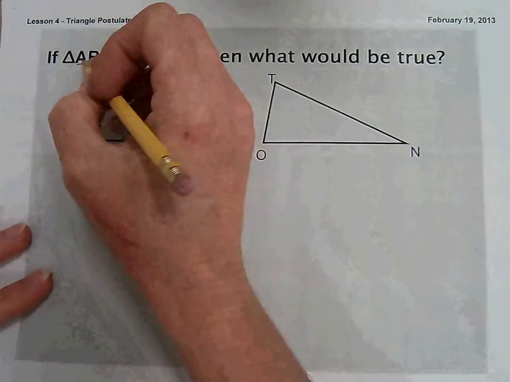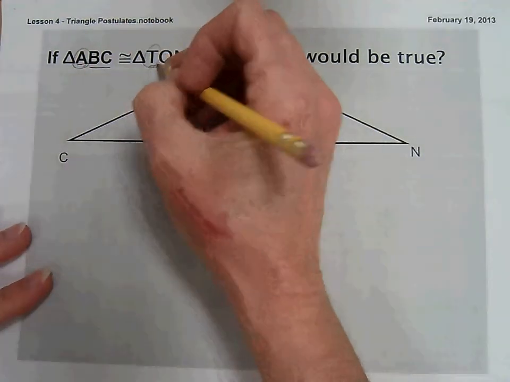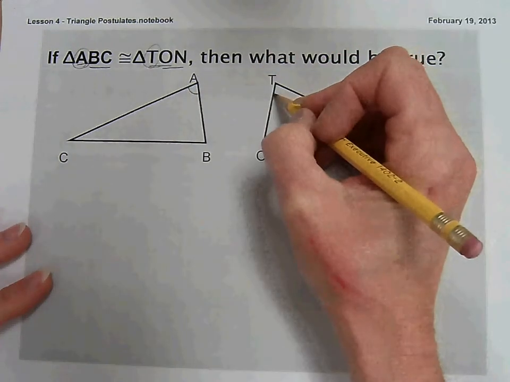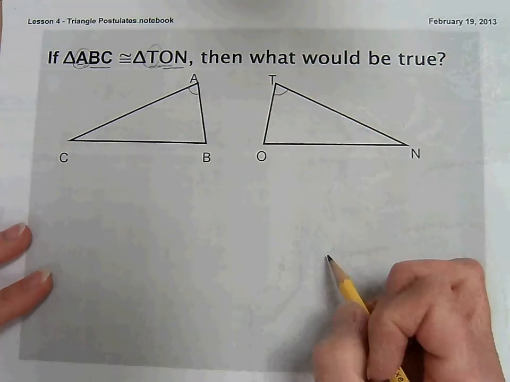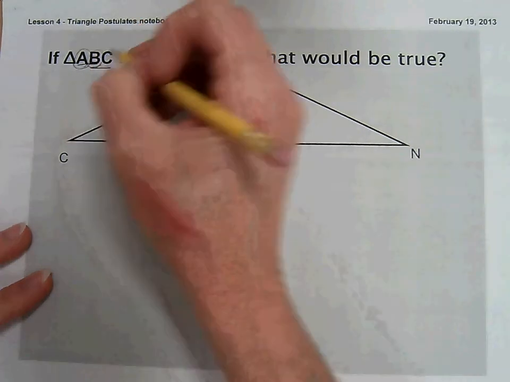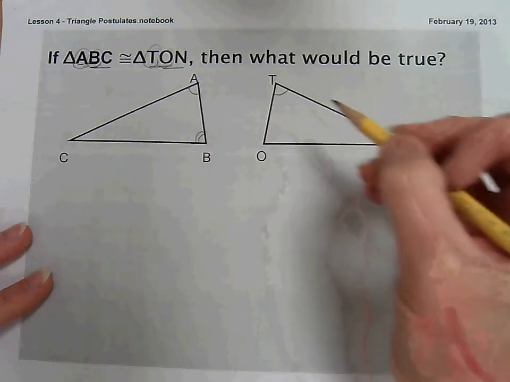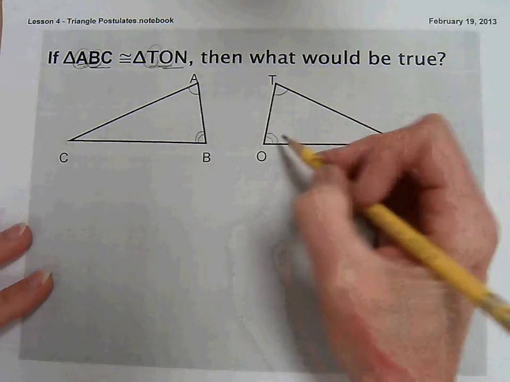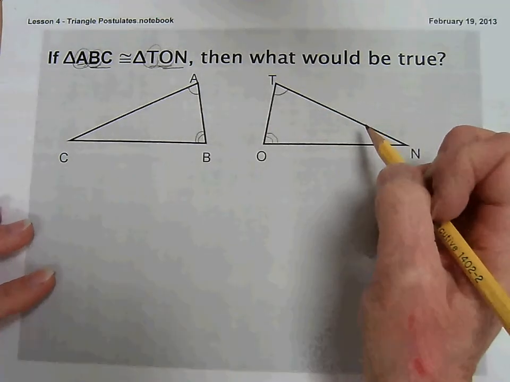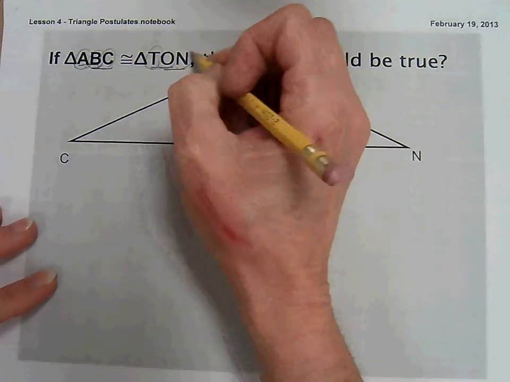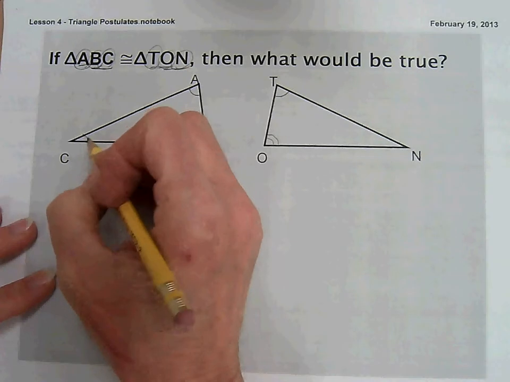The A being first and the T being first mean that angle A is congruent to angle T. And likewise, the B and the O mean that angle B is congruent to angle O. So it gives you the order of the corresponding parts that are congruent.